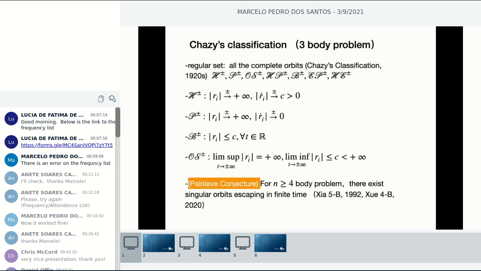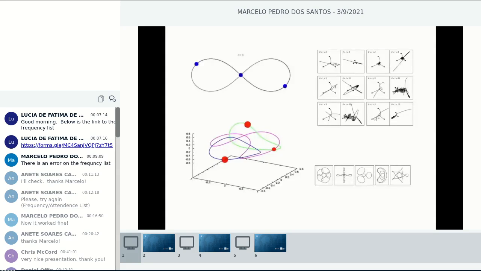So here I also borrowed some animation to illustrate the orbits of the three-body problem. The first is the famous figure 8, discovered by Richard Montgomery and Alain Chenciner.